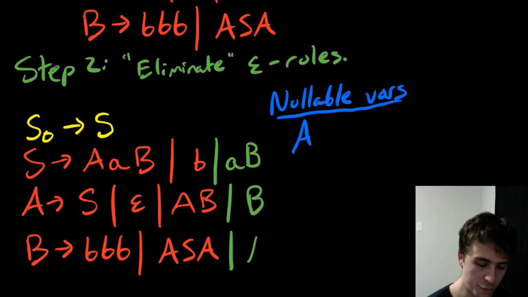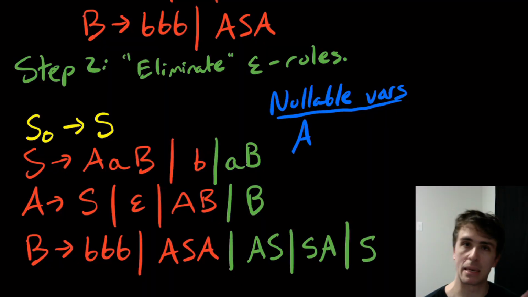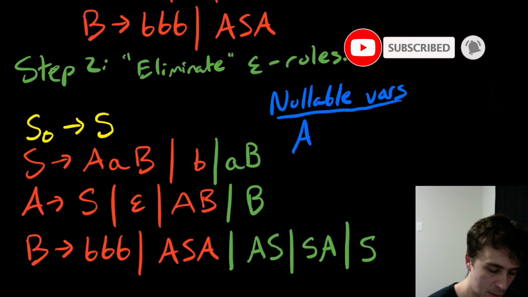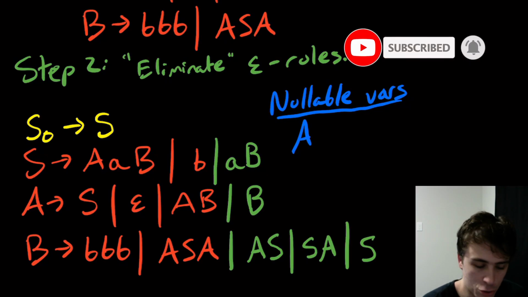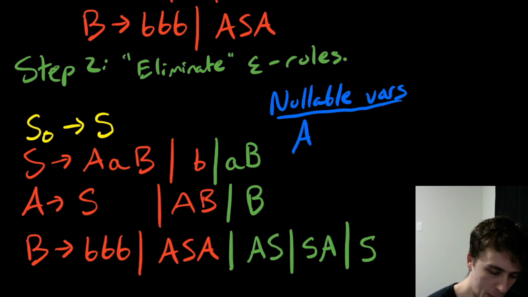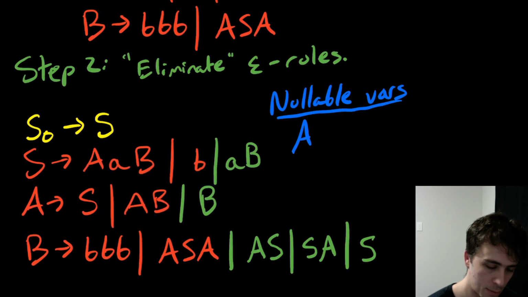The one where the second A drops out, one where the first A drops out, and one where both of the A's drop out, because both of them could have gone to empty. So we're simulating them with additional rules. And finally, once we do that, we've handled all possible rules, so we get rid of this rule where A goes to empty. So I'm going to tidy this up a little bit, move these over.